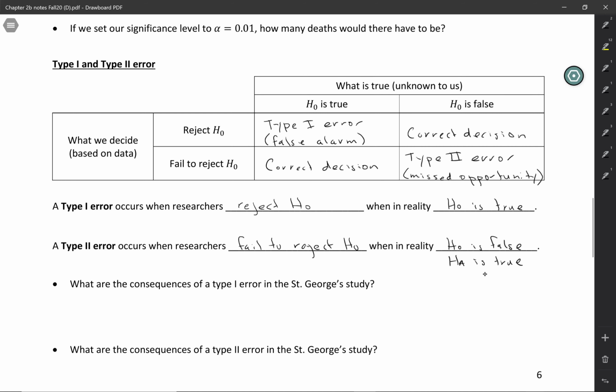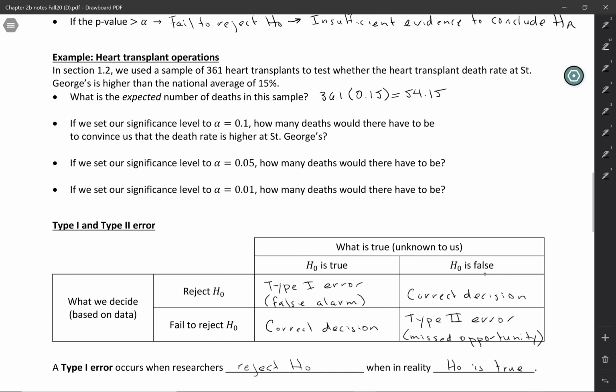But let's think about type 1 and type 2 error in a more serious context. So let's go back to the example about St. George's. In section 1.2, we used a sample of 361 heart transplants to test whether the heart transplant death rate at St. George's is higher than the national average of 15%. So in this example, the null hypothesis is that the rate is actually 15%, right? That St. George's is the same as the national average. And the alternative is that it's greater than 15%, right? That for one reason or another, the death rate at St. George's is actually higher than average.